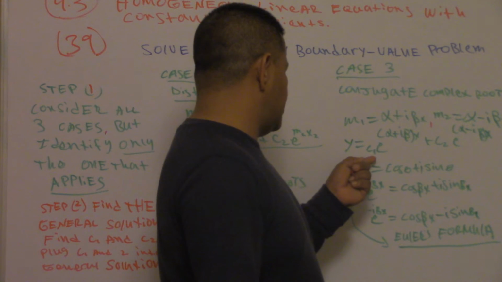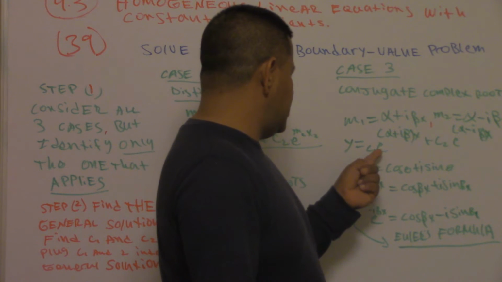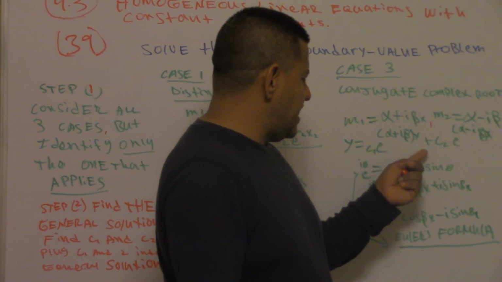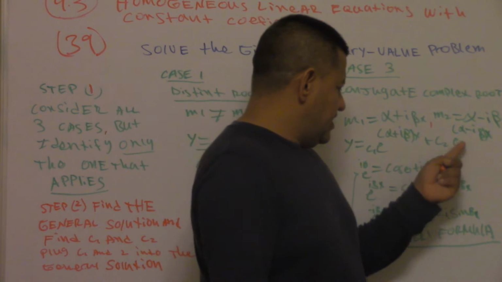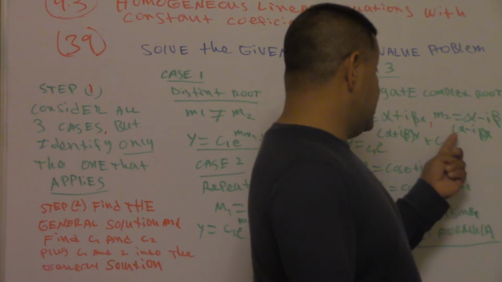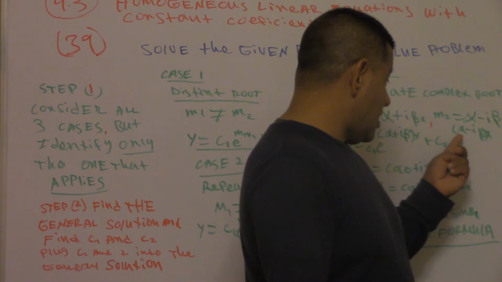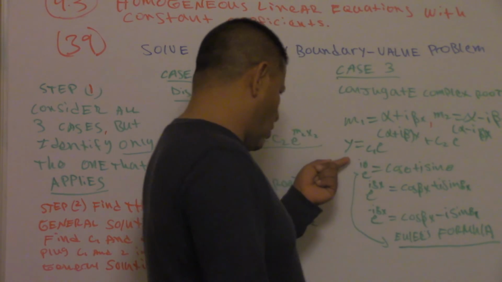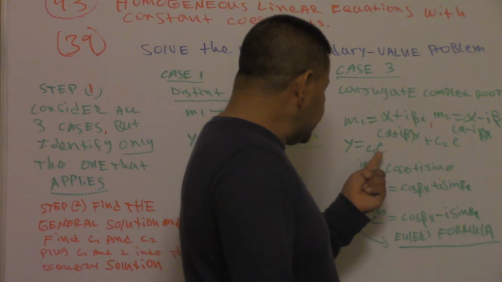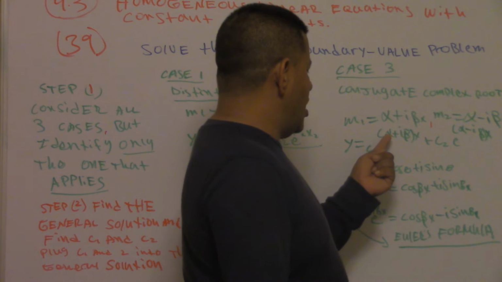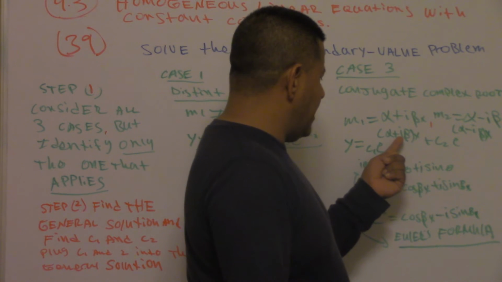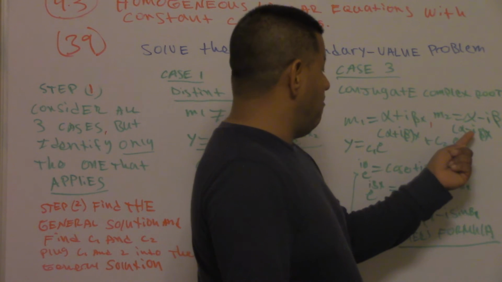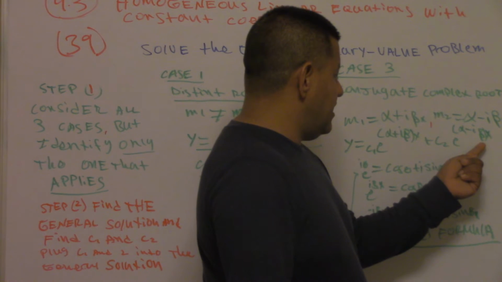y is equal to C1 e to the alpha plus i beta times x plus C2 e to the alpha minus i beta times x. Again, y is equal to C1 e to the alpha plus i beta x plus C2 e to the alpha minus i beta x.